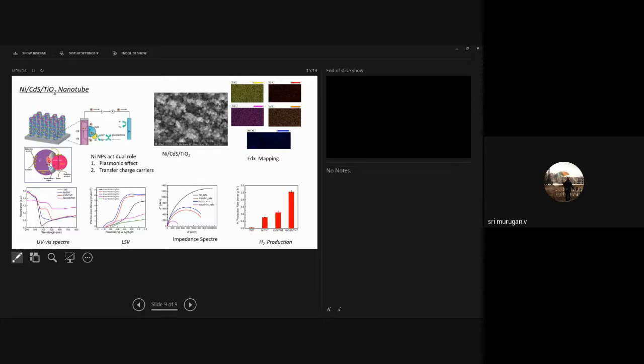So, shall we start now? Yes, proceed. Okay. So nickel is a metal particle. Once it interacts with the light, it will efficiently separate the absorbed light into short wavelength light and long wavelength light.